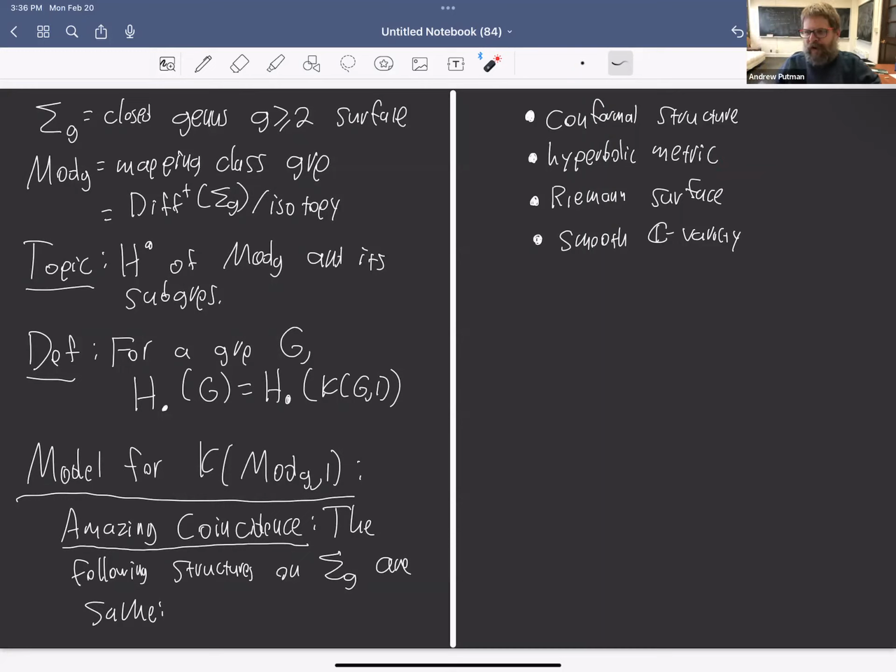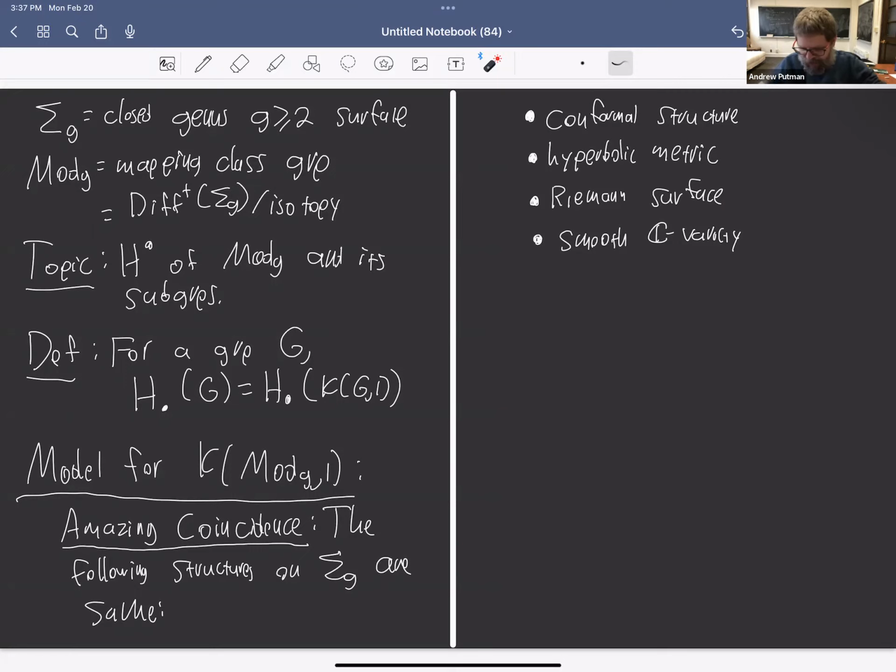So I can find coordinate charts which identify the conformal structure given by the metric with the conformal structure of an open subset of the complex plane, just the usual conformal structure. And the transition maps are conformal maps, so that gives you a conformal structure, and biconformal maps between open subsets of the complex plane are also called holomorphic functions, or biholomorphic functions. So that gives you a Riemann surface structure.